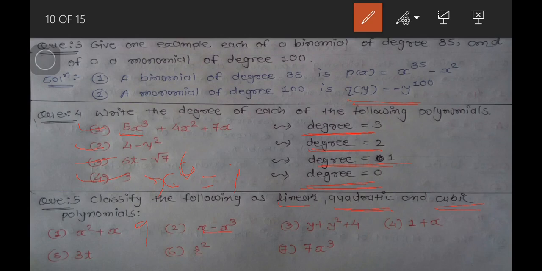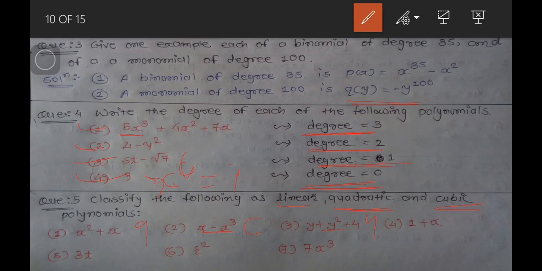Here the highest power is 3, then degree of given polynomial is 3, then it is called cubic polynomial. Third one, y plus y square plus 4. Here you can see that the highest power of a given polynomial is 2, then this example is quadratic polynomial.